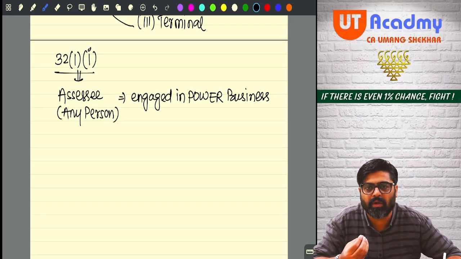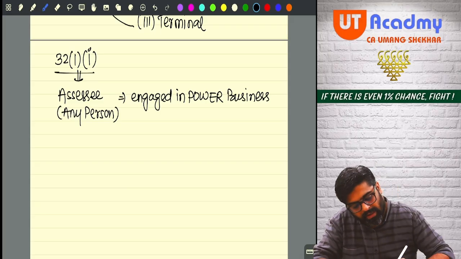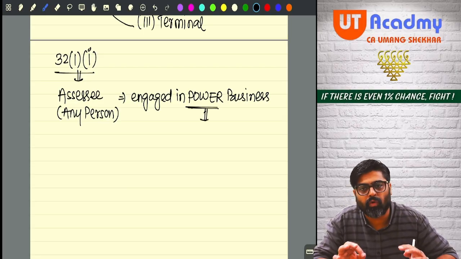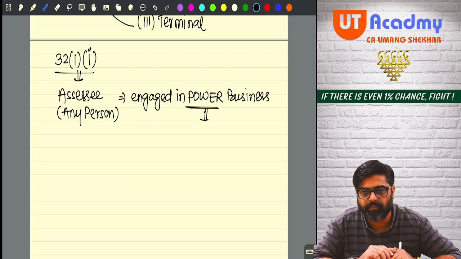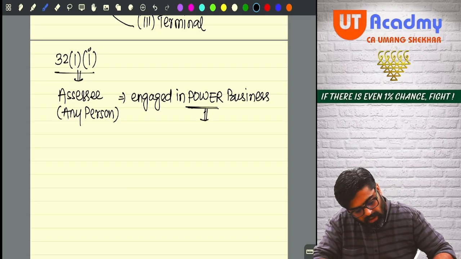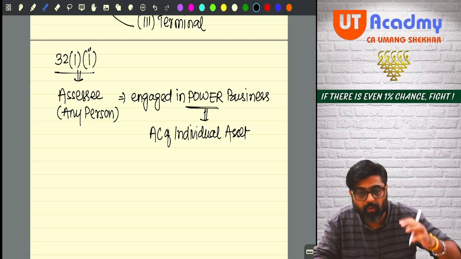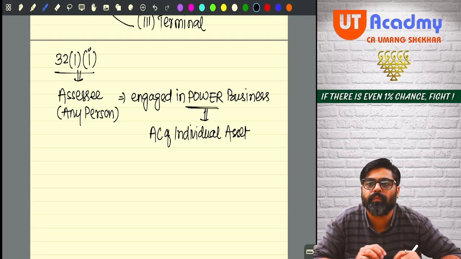Electricity means power. So if you are an assessee who is engaged in power business, then for this business, whatever assets you acquire, take the actual cost of each individual asset acquired for this business. Yes or no?